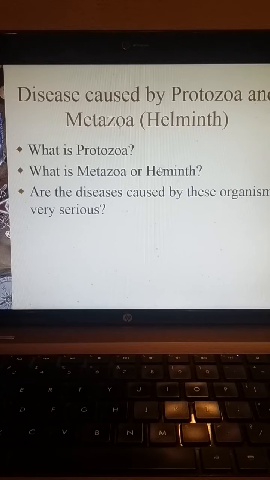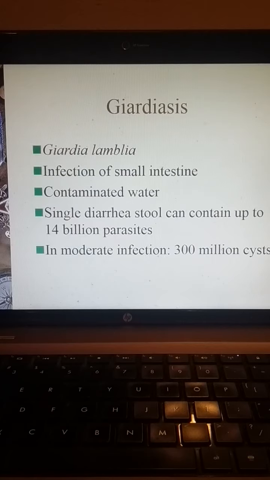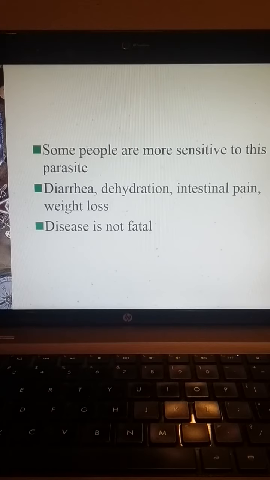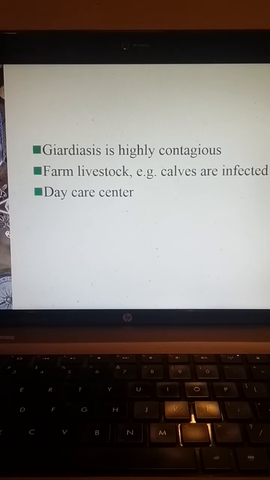You need to know the name of the disease, one type of worm, and the symptom. As for the protozoa, you need to know a little bit about Giardia, what it infects, and the name of the disease, giardiasis.